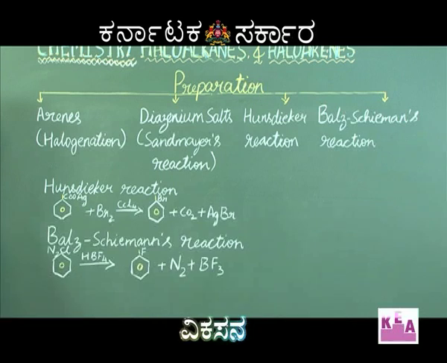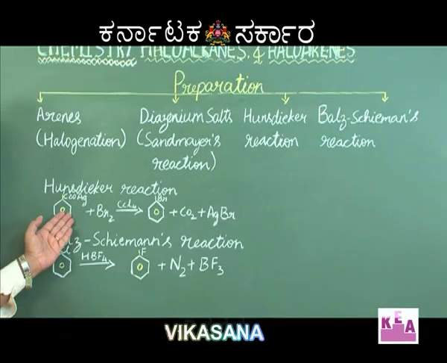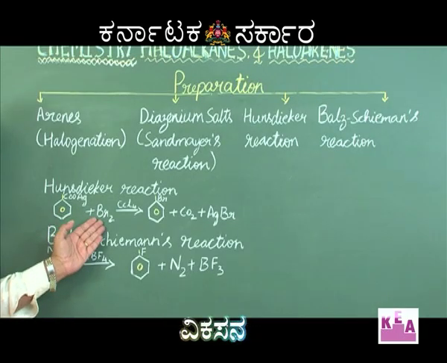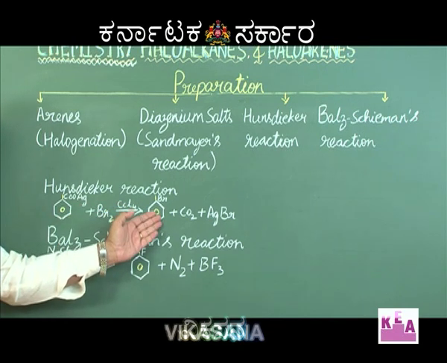Then Hunsdiecker reaction and Balz-Schiemann reaction are another two methods for preparation of haloarenes. In Hunsdiecker reaction, silver benzoate reacts with bromine in carbon tetrachloride to give bromobenzene.